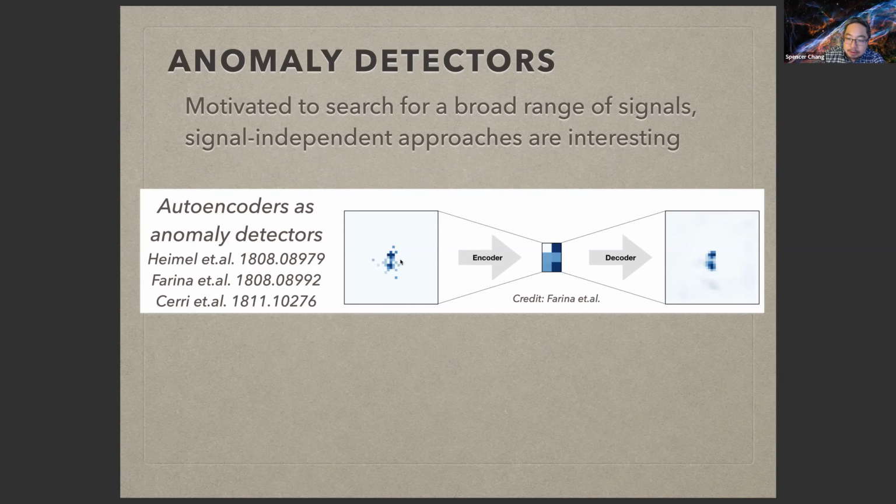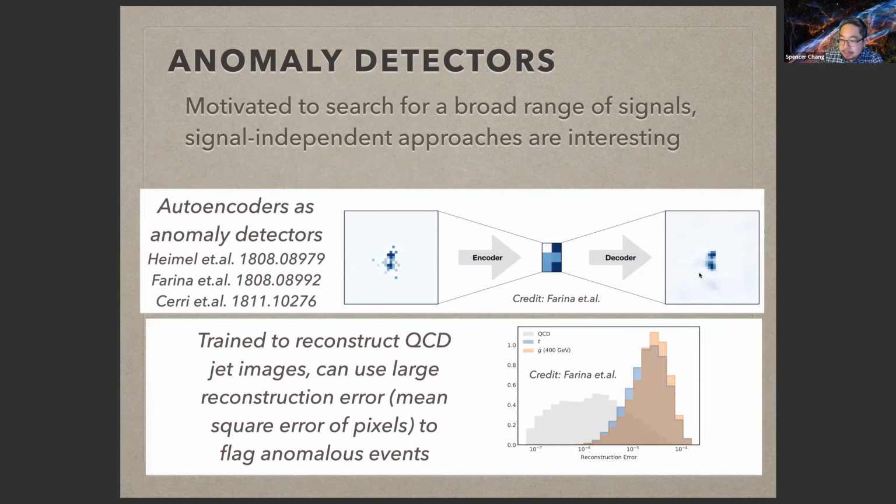When you compare this image to the original, if I take the difference of each pixel, square it, and take the average, you get something called the reconstruction error. Here are the QCD events, the gray distribution. Some images are reconstructed extremely well, not perfectly because it's not at 0, but quite close. There is some tail of QCD jets that don't get reconstructed well, but for the large part there is a good reconstruction.